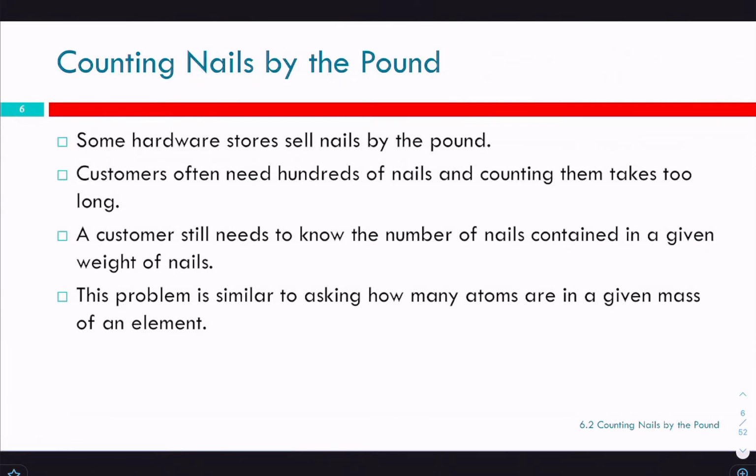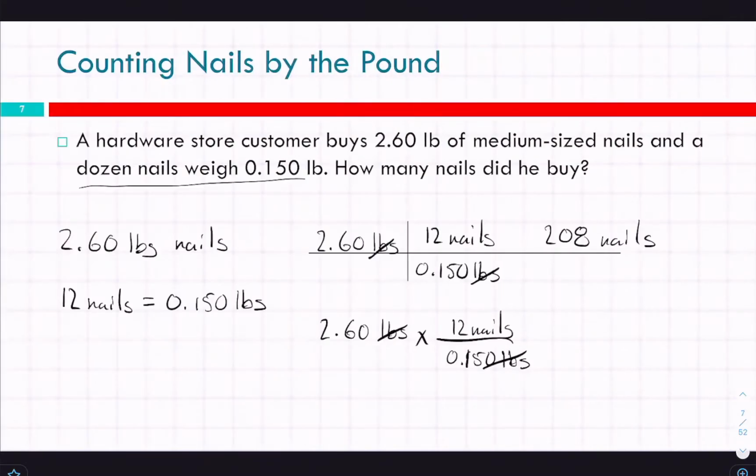So we did some examples last week, using this analogy of nails by the pound. So instead of counting individual nails at the hardware store, they just put them in a box and they weigh them and they say, oh, this is 1 pound of nails, or 2 pounds of nails, or 1.5 pounds of nails. And then using the mass of an individual nail, or how much 12 nails, a dozen, weighs, we can figure out how many nails are in the container.